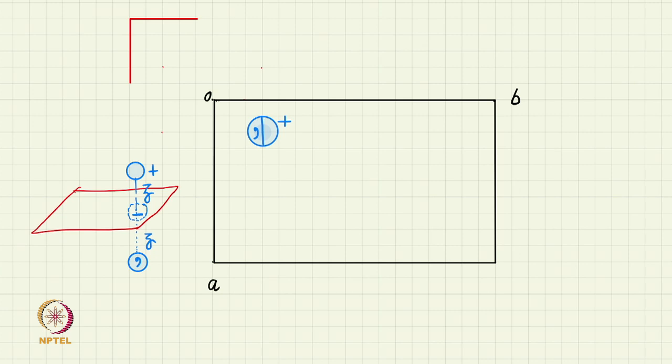So, these two circles are now representing these 2 points as shown in the 3D perspective on the right, and instead of plus z, now this is at minus z, which I simply denote by minus. So, I get two positions, two equivalent positions related by mirror at this location.